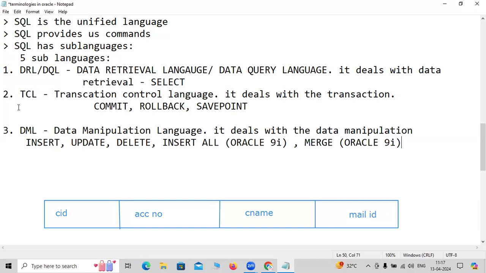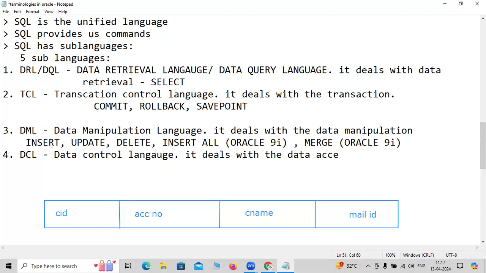Now the next sub language is DCL, that is data control language. It deals with the data accessibility.